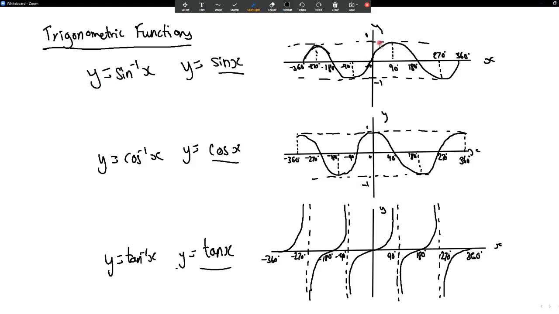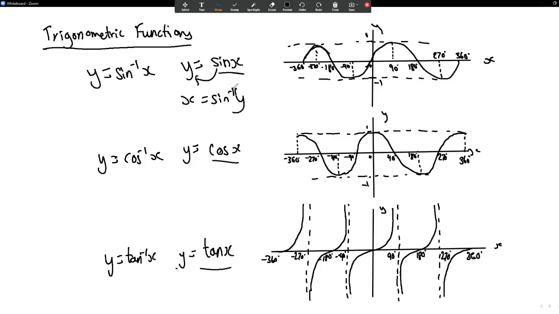So now we look on the y-axis to get to the x. In fact, what we can do is move this sine over, and we get x equals sine to the minus 1 of y.